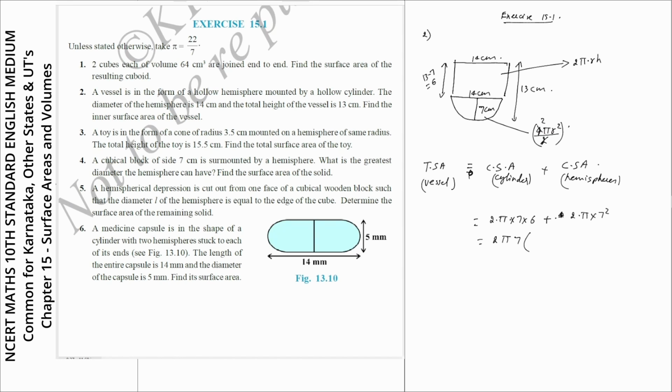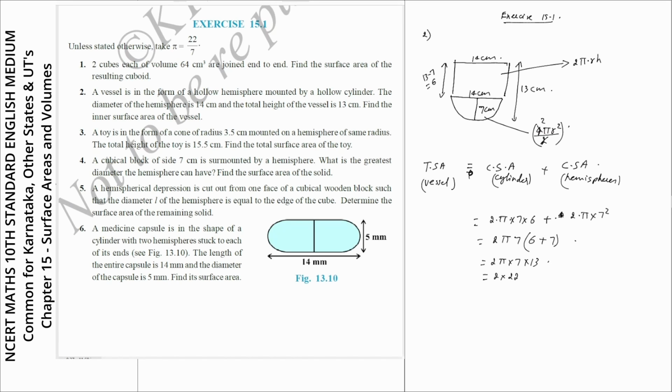So remaining is 6, plus here 7 is remaining. This is equal to 2 pi into 7, 6 plus 7, 13, into 13 I get. So what is 2 pi?